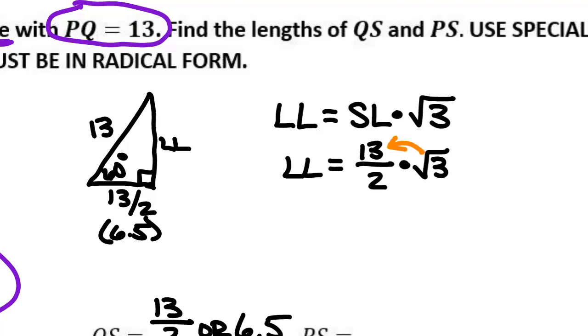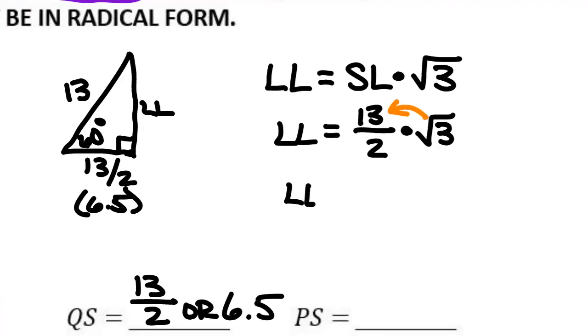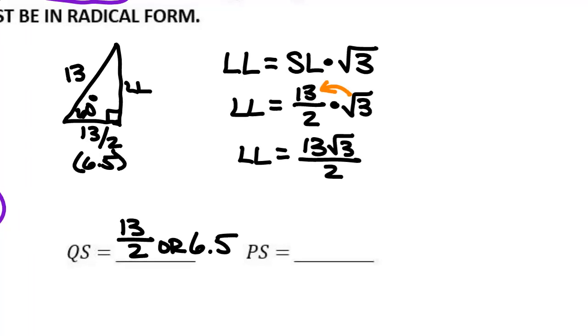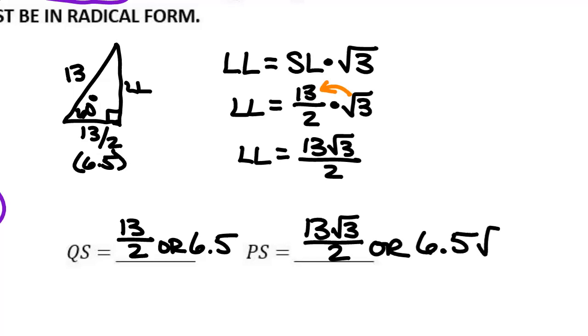Remember, we only multiply to our numerator when we multiply something that is not a fraction. So in its fraction form, this would be 13 square root of 3 over 2. Or you could write that as 6.5 square root of 3.